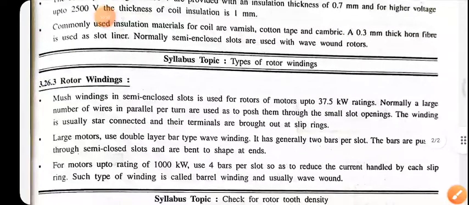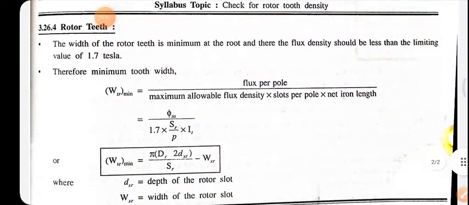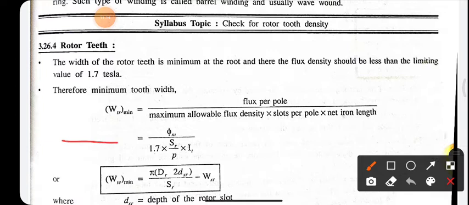Then the types of rotor windings. Then we decided the minimum rotor teeth width so that the flux density does not exceed 1.7 Tesla, and the equation was given for the minimum tooth width, that is φm upon 1.7 into SR by P, slots per pole, into net iron length.